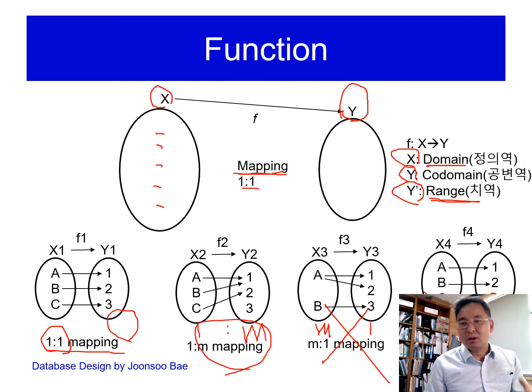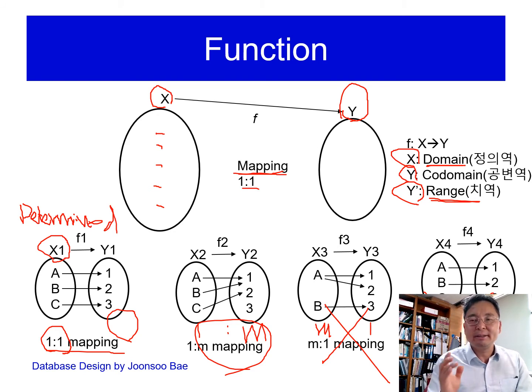What is the meaning of the function? The X set, the domain set, is called the determinant. If X is determined, is fixed, then the Y value will be determined.